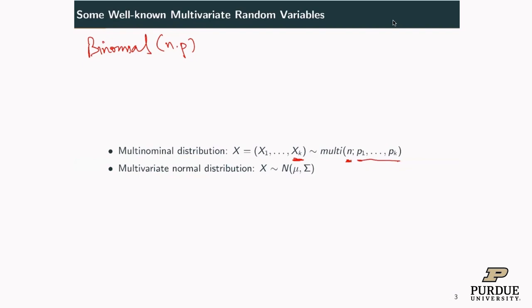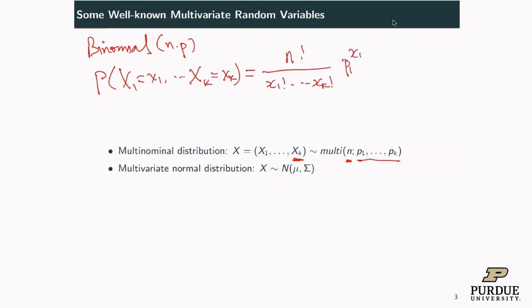Since they are discrete random variables, we can write down the joint PMF. For example, the probability that X1 equals little x1, up to Xk equals little xk, is equal to n factorial over x1 factorial up to xk factorial, times p1^x1, p2^x2, up to pk^xk. The total sum, the sum of xi from i equals 1 to k, should be n.